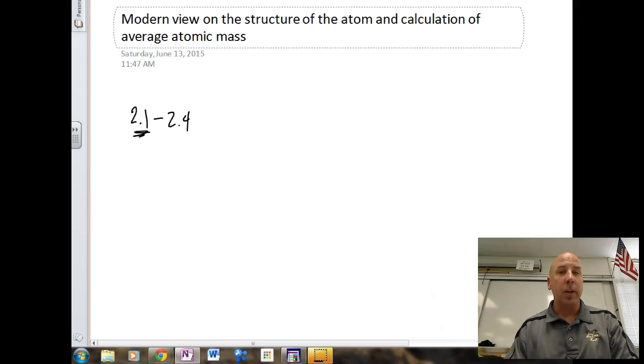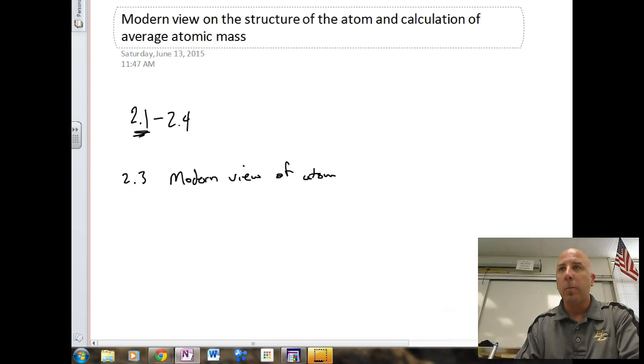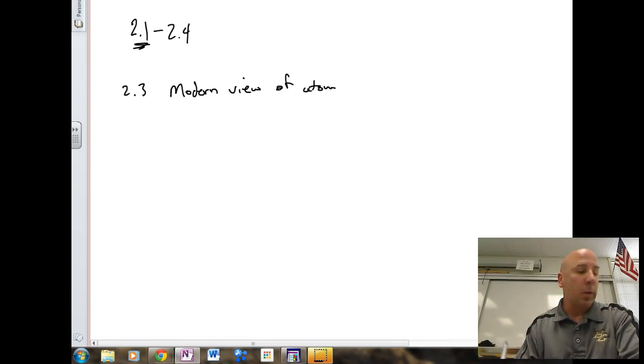I'm not going to lecture on those today. You're going to be responsible for reading 2.1 and 2.2. I'll be lecturing mostly on 2.3 and 2.4 for this lecture. So we're going to dive right into 2.3, which is our modern view of the atom. Okay, and so let's dive right in there.